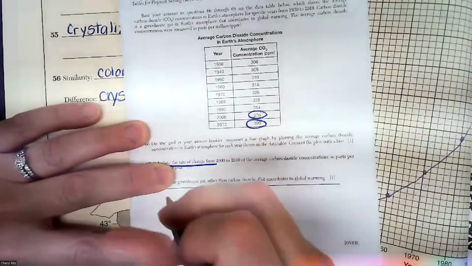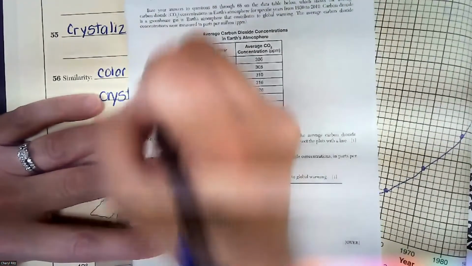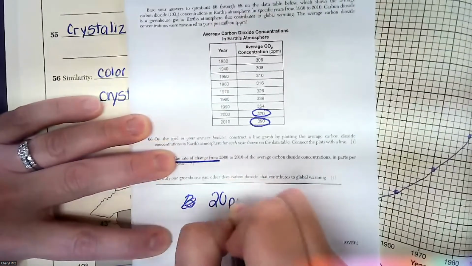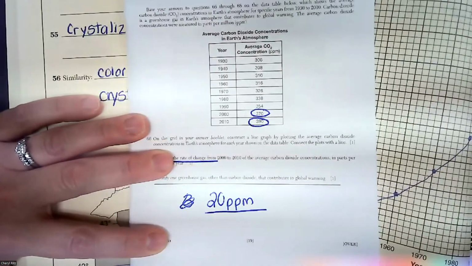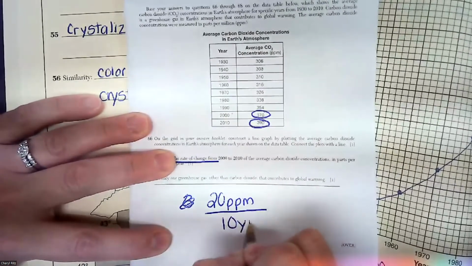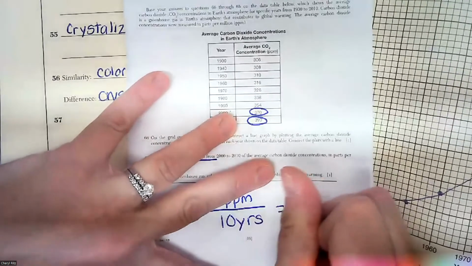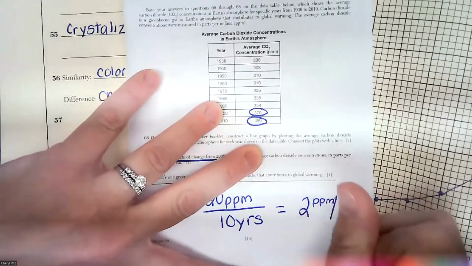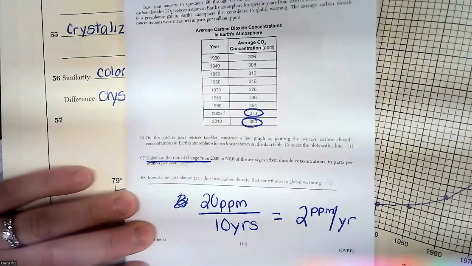So how much did it change? 20 parts per million. How long did that change take? 10 years. From 2000 to 2010 is 10 years. 20 divided by 10 is 2 parts per million per year.